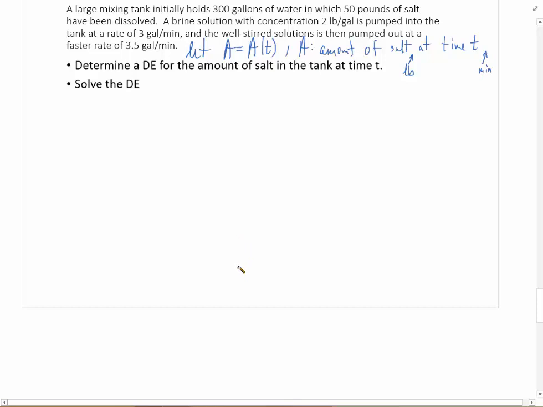Alright, so remember, the general idea is the rate ends up being the rate in, take away the rate out. What's coming in, what's going out. Remember, that shouldn't be dR/dt, that should be dA/dt.